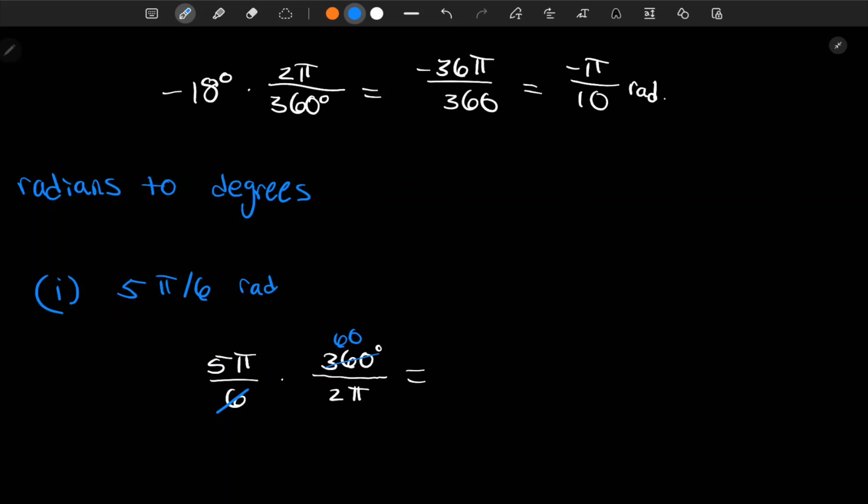And then further, we can divide this 2 by this 60, and we get 30. And then what we're left with is 30 times 5 pi, or 150 pi, divided by pi. This pi in the denominator comes from here, but the pi's cancel. So what we're left with is 150 degrees.